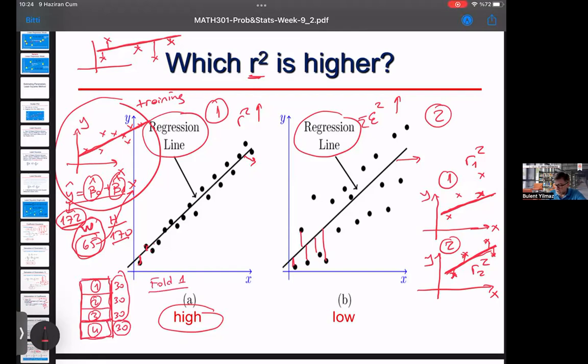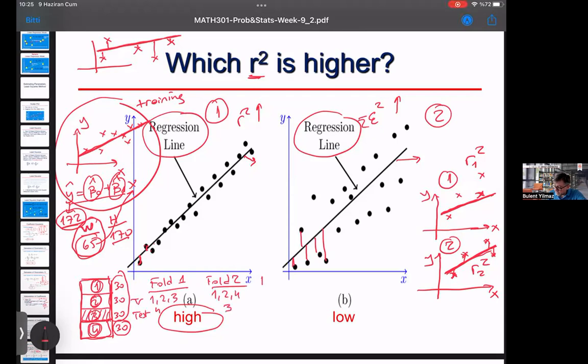Then I say I'm going to use 1, 2, and 4, and leave 3 out. Fold 1 is 1, 2, 3 as my training data, and the test data is 4. Fold 2: training data is 1, 2, and 4, and the test data will be 3.